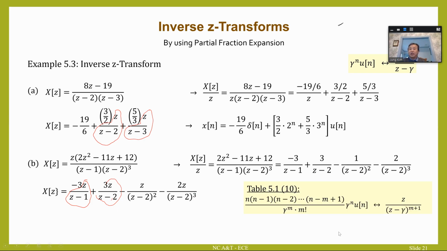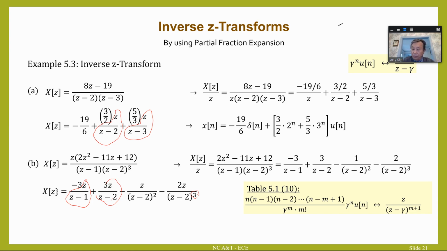Okay, cube cases. We need to use this formula. Even this one, we can use this here. This case is because of the 3 here, so this case is 3.